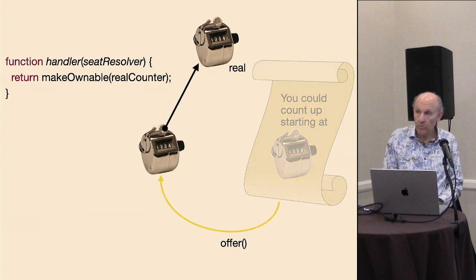So the result of invoking the handler is that we've now invalidated the invitation. The invitation itself has been used up, and instead the offerer, the one who redeemed the invitation, now has a new real counter.